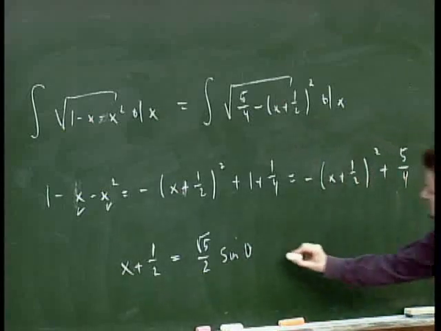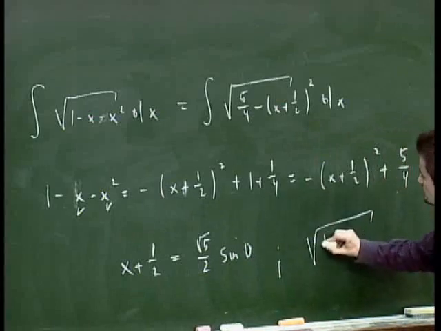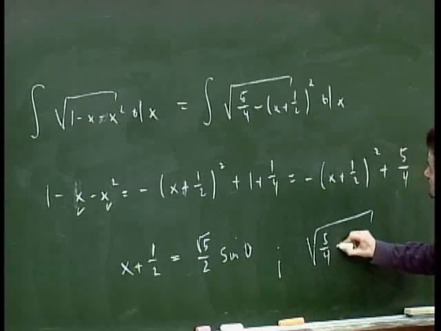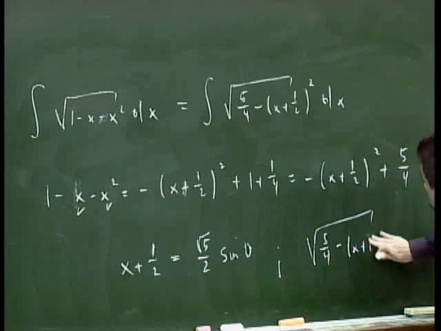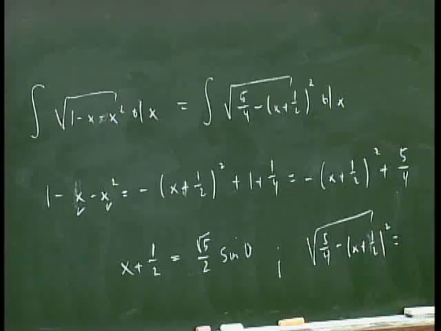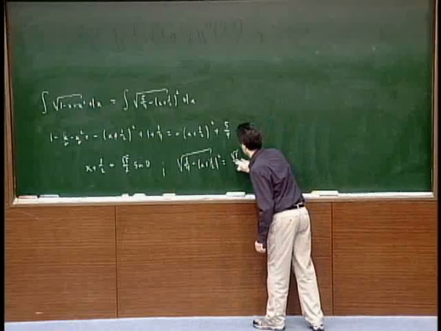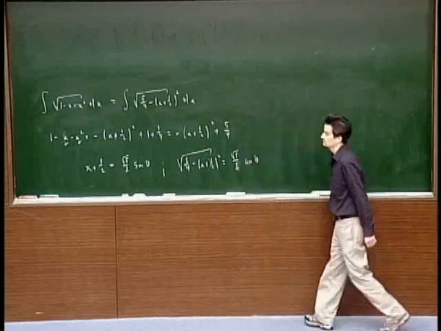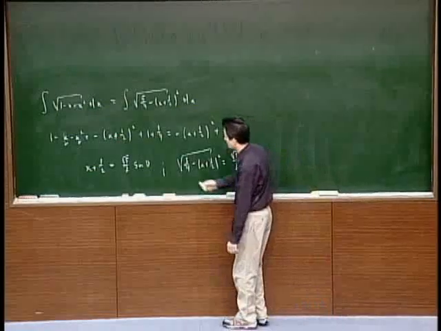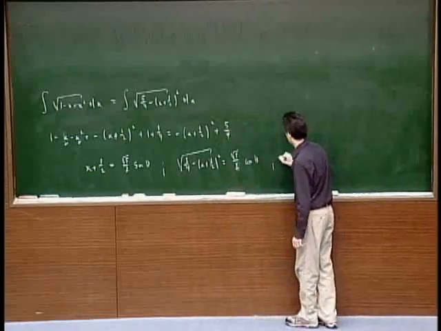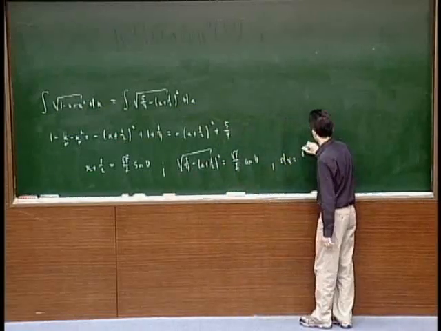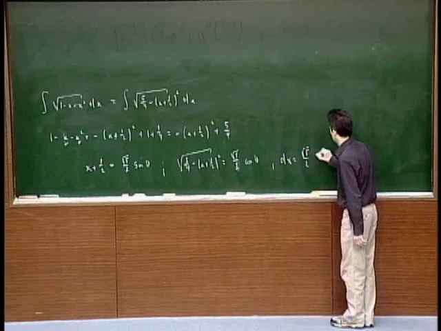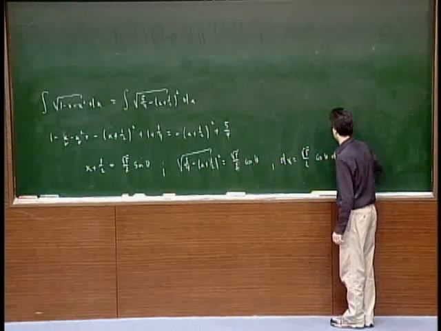Because if you do this, then in the square root of 5/4 minus (x plus 1/2) squared, if you plug this in, you can take out the square root of 5/2, and the rest is just the cosine of theta. And from our substitution, you see that dx is equal to the square root of 5/2 times cosine of theta d theta.